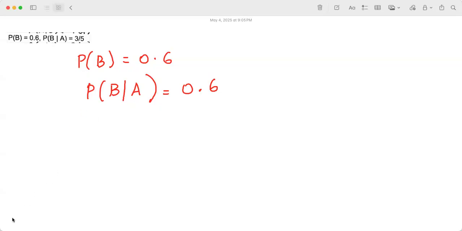If they are different, then they are dependent. If they are exactly the same, then B did not care whether A occurred or not. I didn't simplify the 3/5. So this is 0.6 only. They both are the same. B always has the probability of 0.6 irrespective of whether A occurred or not. So these are independent events.